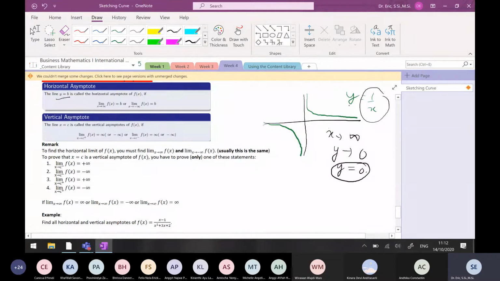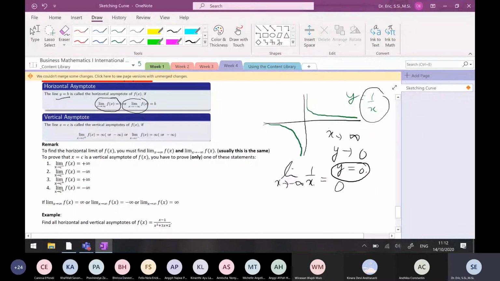And don't forget, you have to look at both: x goes to infinity and x goes to minus infinity. When x goes to minus infinity, meaning x getting smaller and smaller, it will give you 0 also.